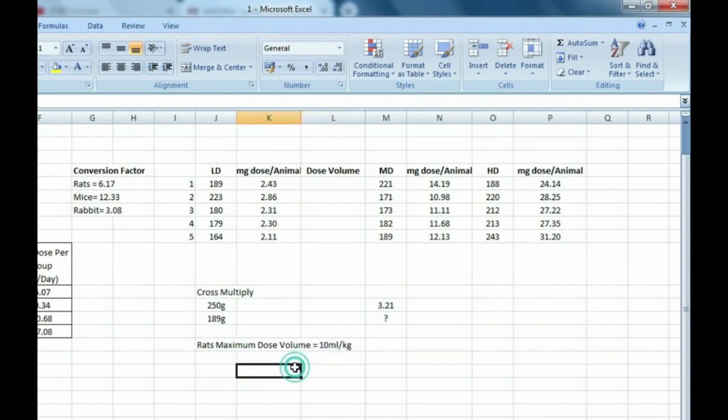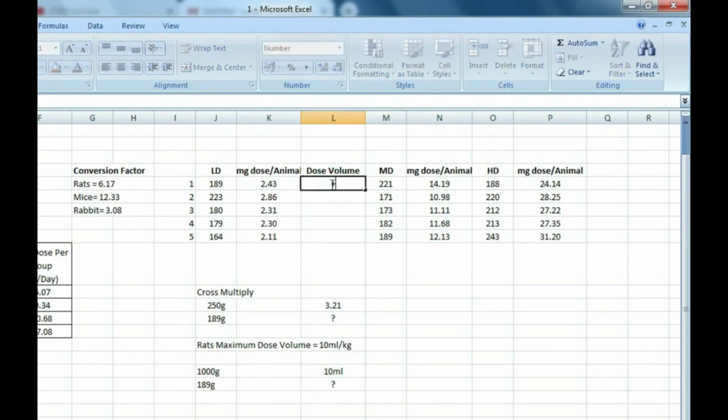We will do the cross multiplication as earlier: for 1000 gram, 10 ml; then for 189 gram, how much? So we have to write 1000 below 189 gram, and they both should be together. Now we are going to calculate how much volume we have to give.